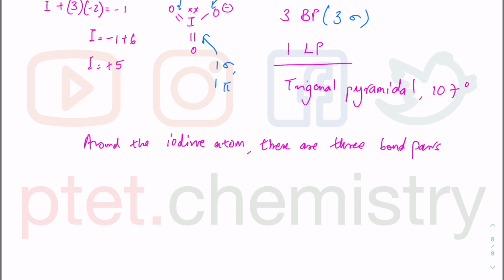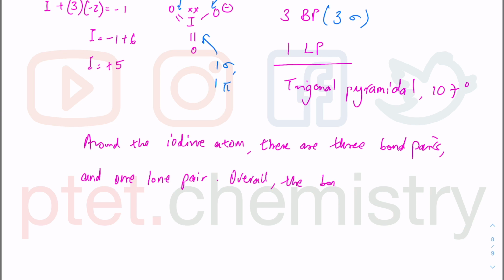And it's an electron pair repulsion theory. So we need to think about repulsion. So 1 lone pair of electrons, and therefore overall we need to think about the repulsion.